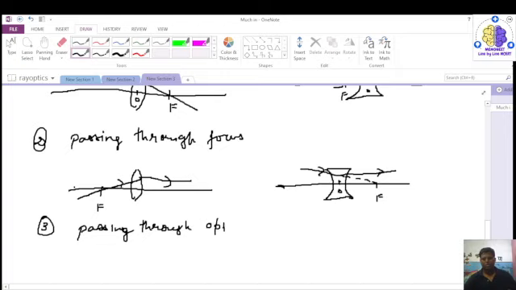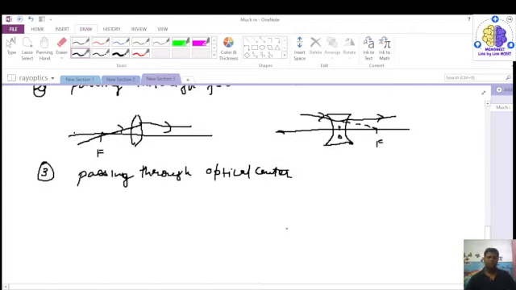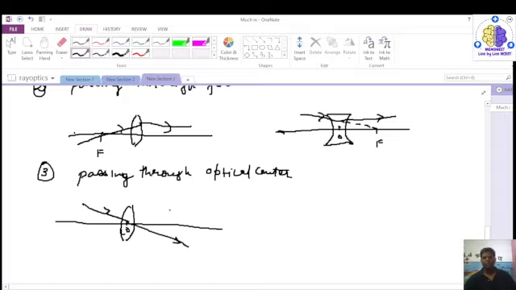As we know, the optical center is the geometrical center of the aperture of the lens, therefore any light ray passing through the optical center will always go undeviated, whether it is a concave lens or a convex lens.